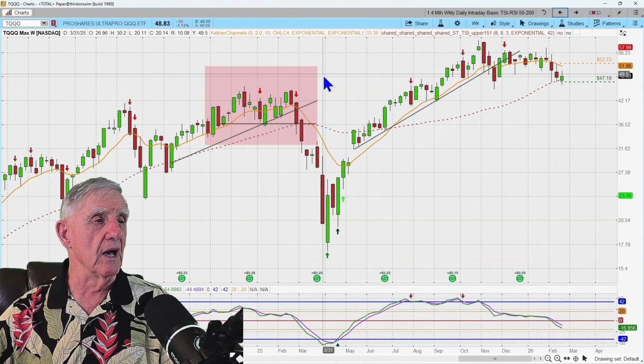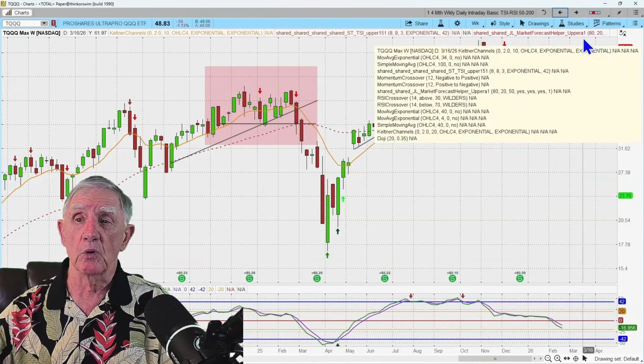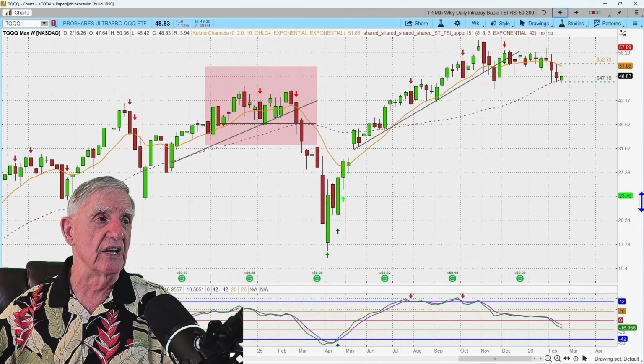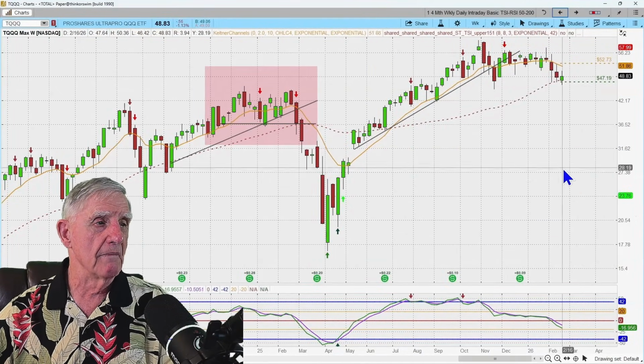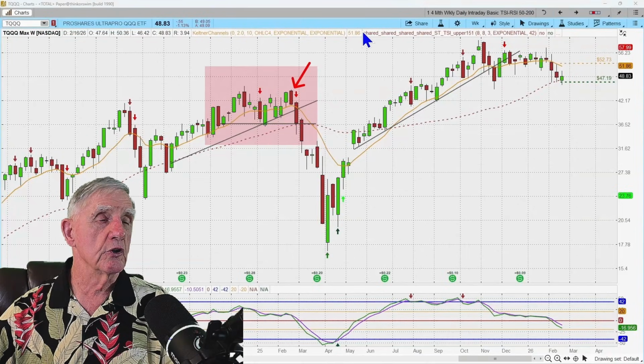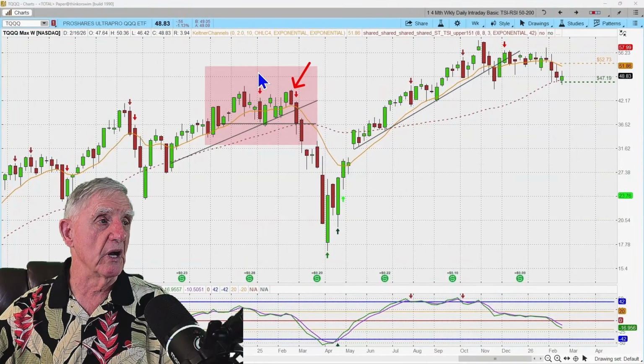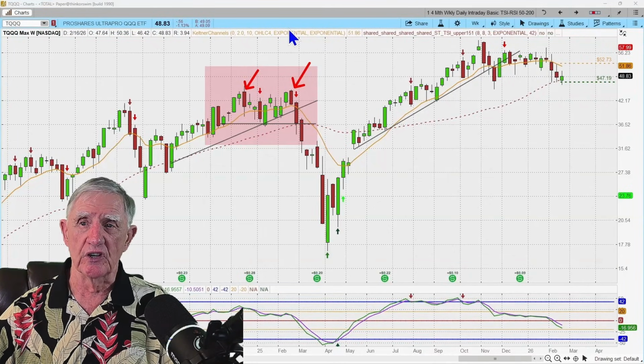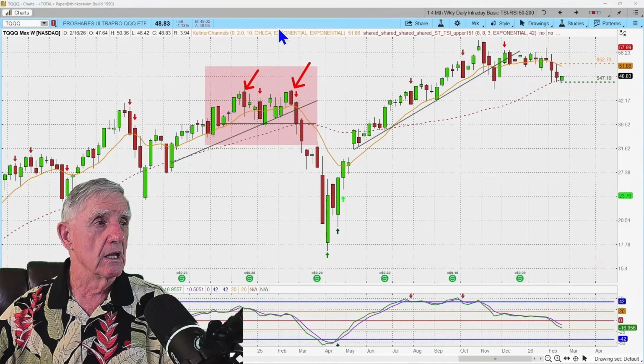And on the weekly chart, there were some additional warning signs that I'll just tell you about. The additional warning signs were the huge bearish reversal signal, which corresponded with this bearish reversal signal. If you understand candlesticks, which I'm not going to get into here, I have other videos that talk about that.